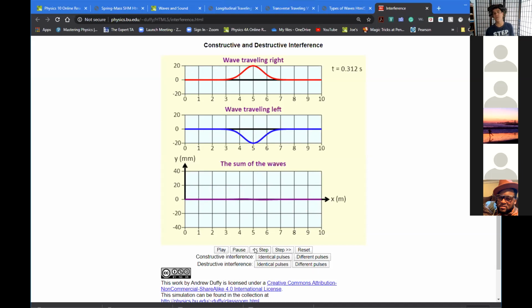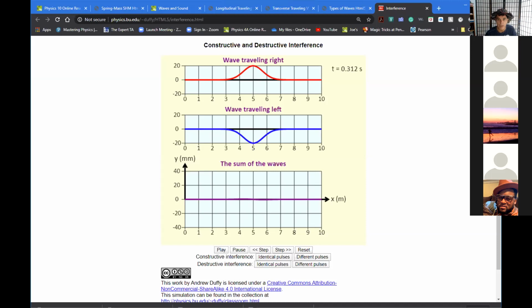Here you can see that when the red wave is at its very maximum, the blue wave is at its very minimum. And again, mathematically, to figure this out, you would just add them. Like here, at this location 5 again, this red wave is at a height of 20 centimeters. This blue one is at negative 20. I add these together, and the end result is they cancel each other out.